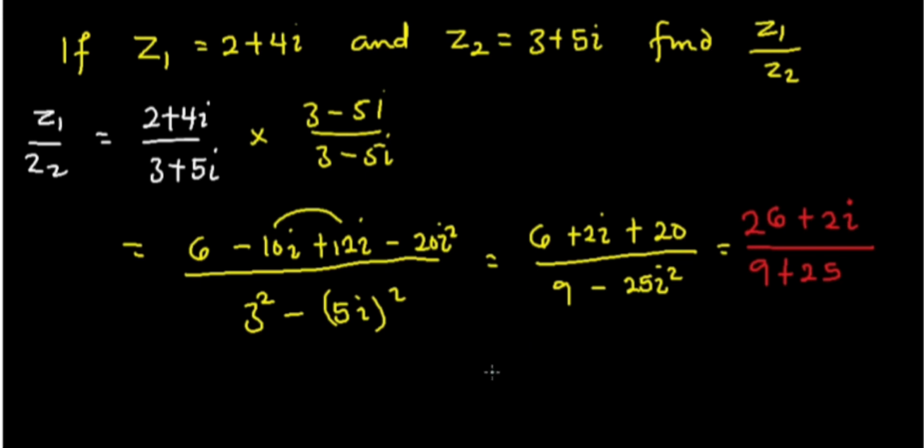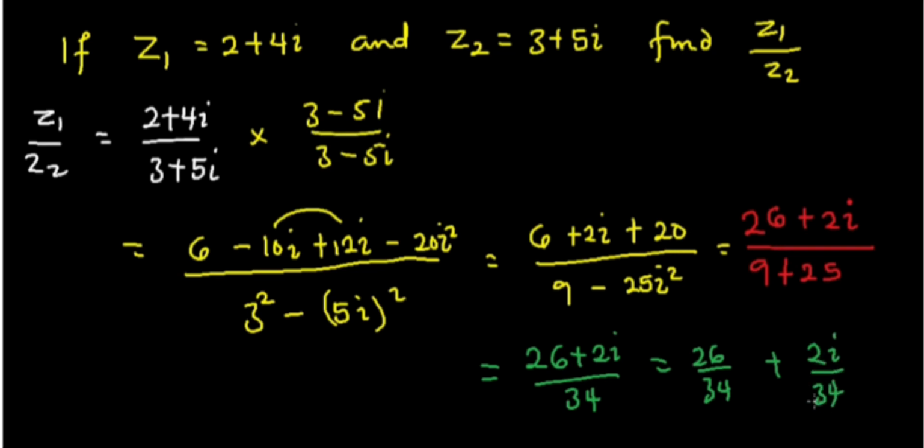So I will now have something like this. I'll have 26 plus 2i over what? 34, and that will be what? 26 over 34 plus 2i over 34. So you can still reduce this by 2.